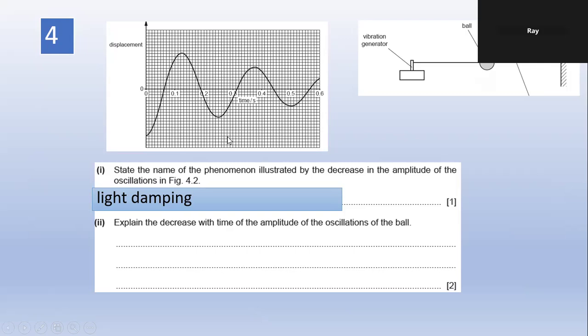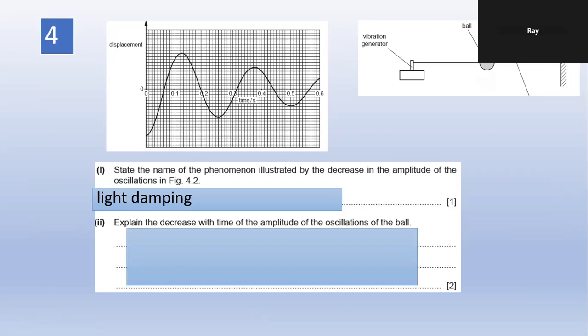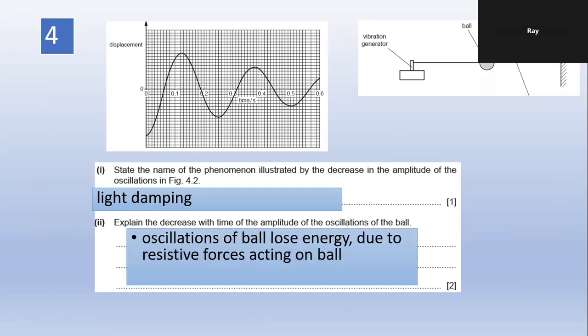Explain the decrease with time of the amplitude of the oscillation of the ball. The oscillation of the ball loses energy due to resistive forces acting on the ball.